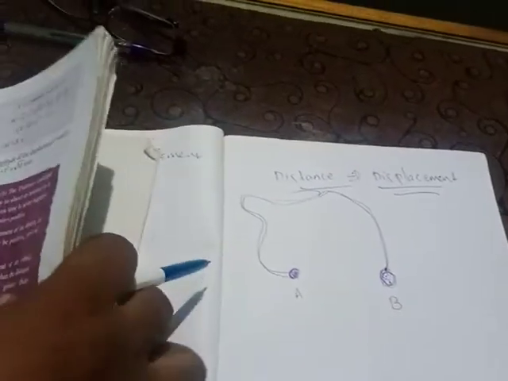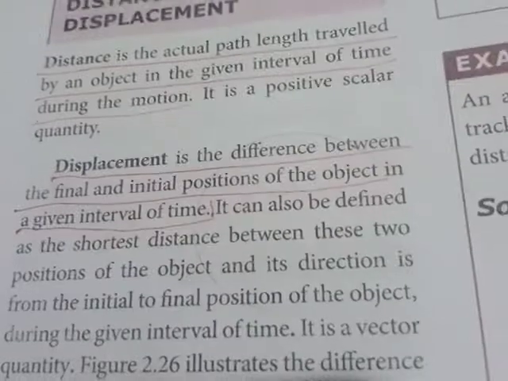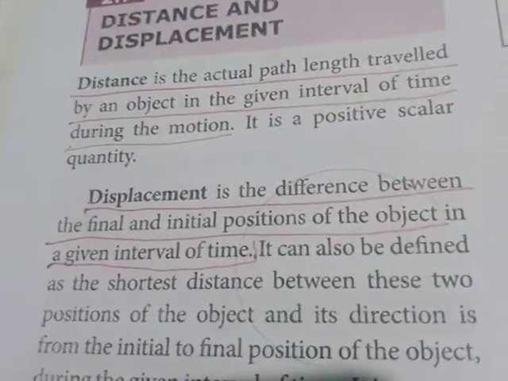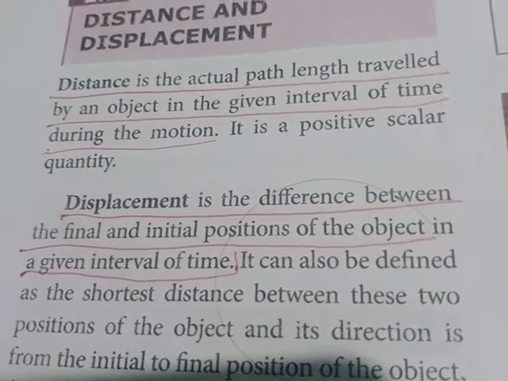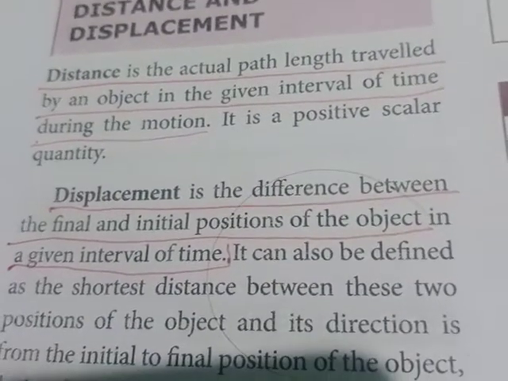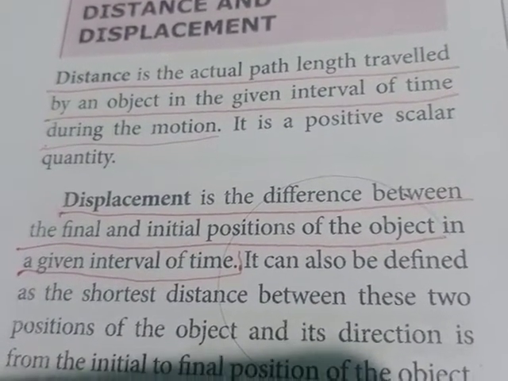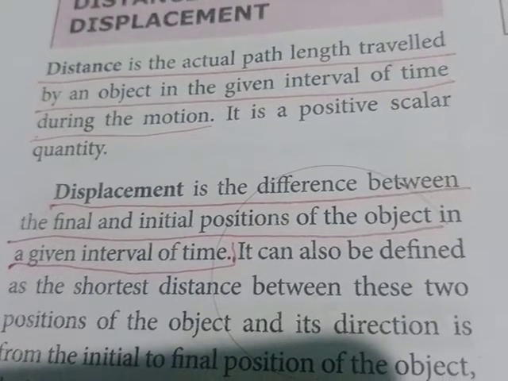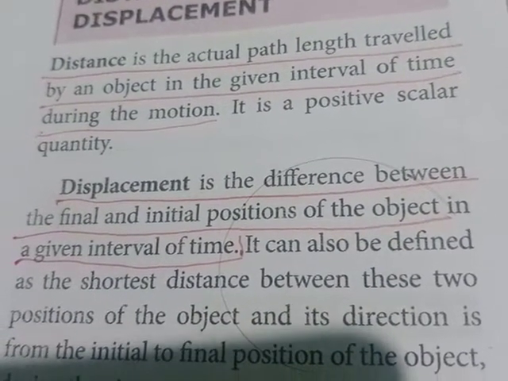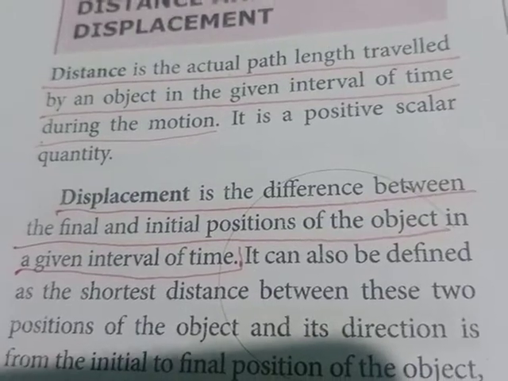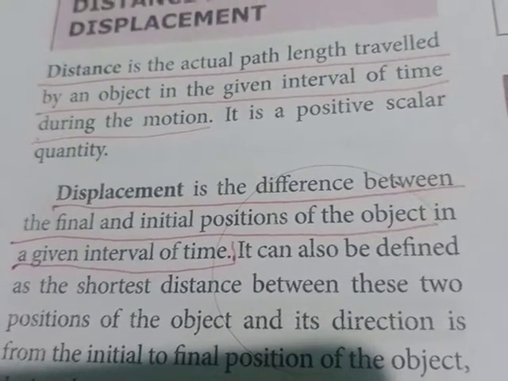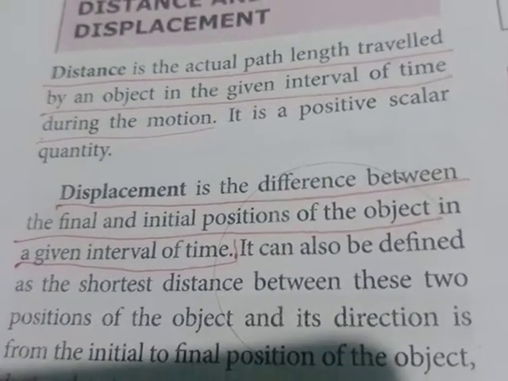So let us see the definition. What is meant by distance and displacement? You can take a screenshot of this and study. Distance is the actual path length traveled by an object in the given interval of time during the motion. It is a positive scalar quantity, always a positive value.